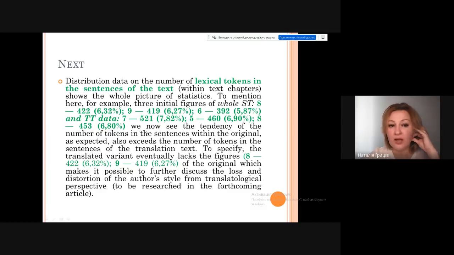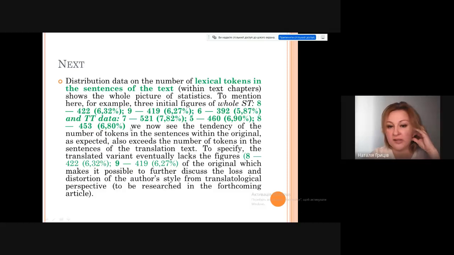Thus, next, the distribution data on the number of lexical tokens in the sentences of the text within text chapters shows the whole picture of statistics. To mention here, for example, again, three initial figures of the whole source text and the target text data.